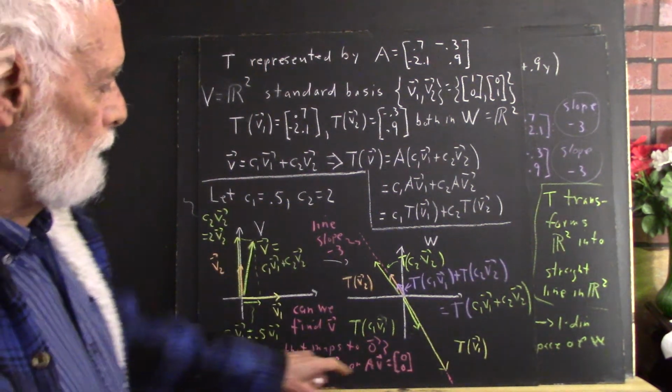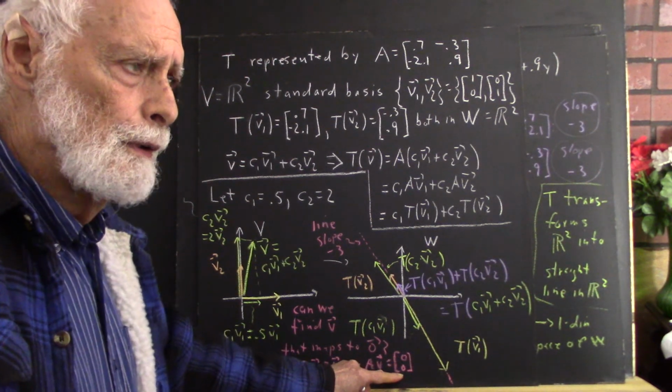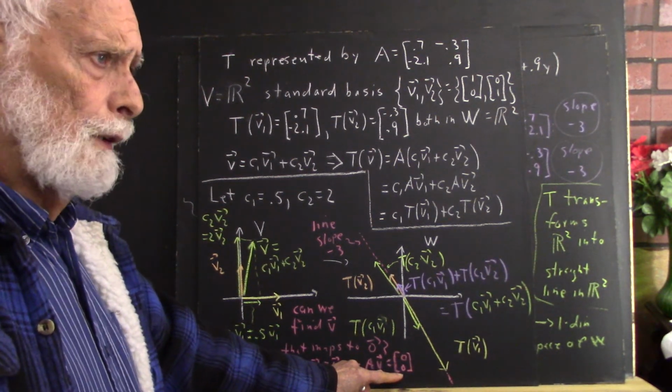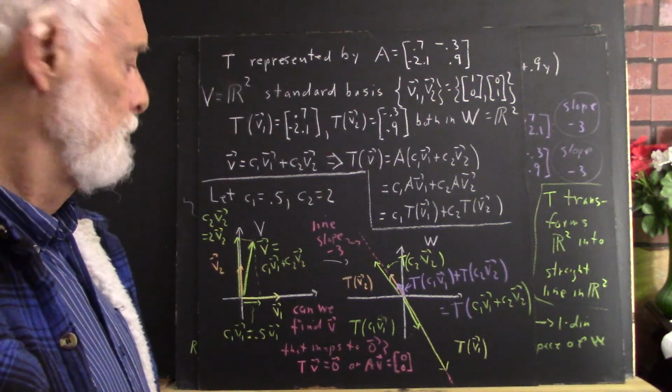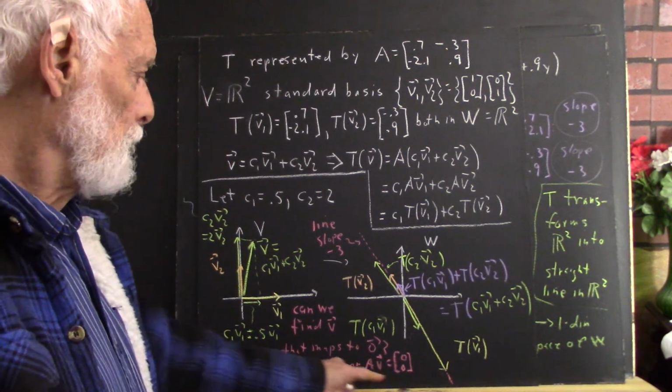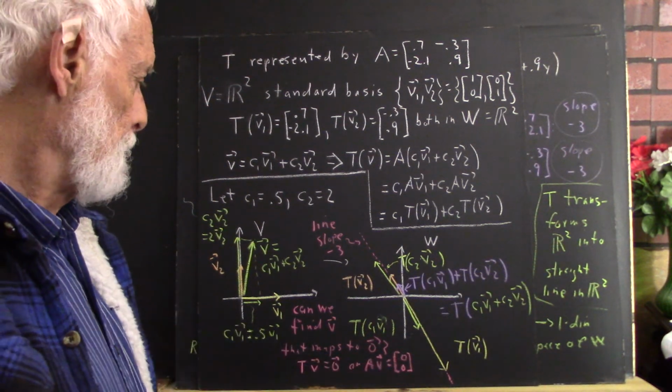Now the equation AV equals 0, 0 gives you two simultaneous equations, and those simultaneous equations are homogeneous.